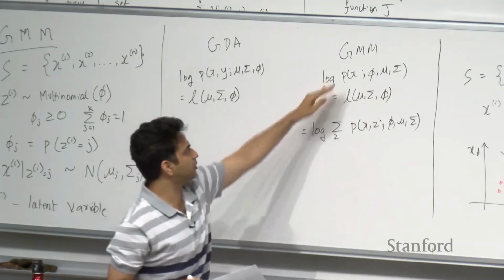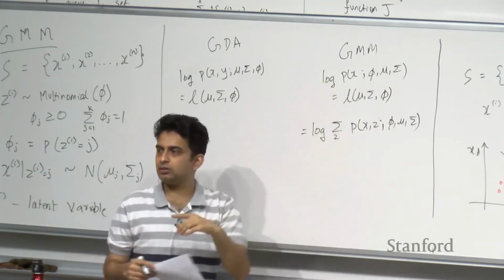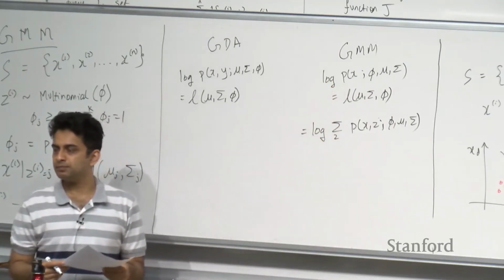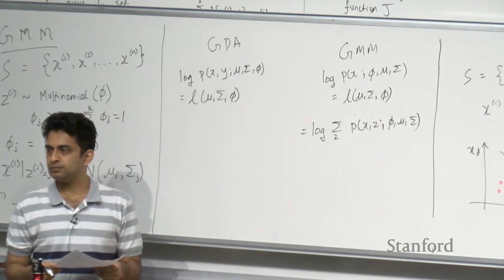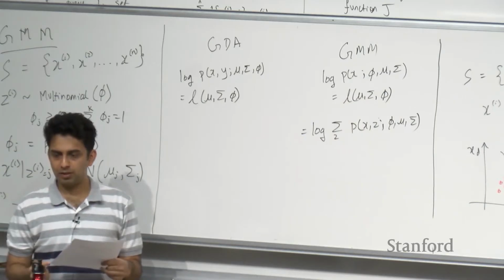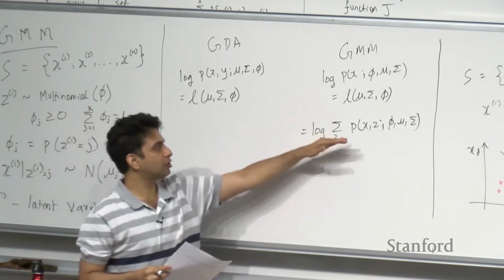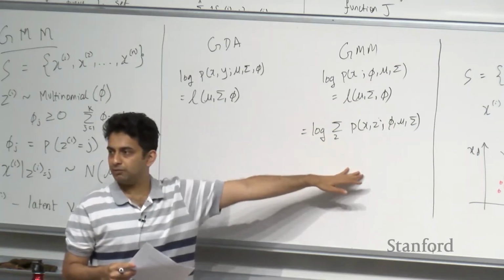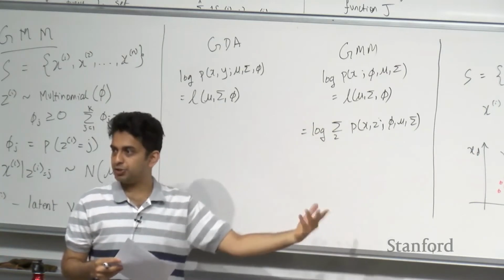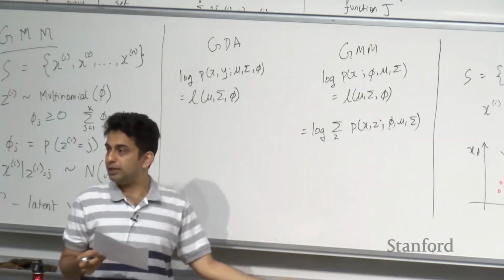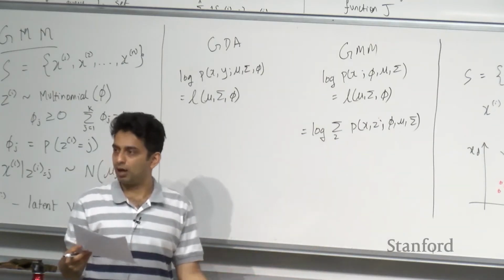Any questions on how we went from this to this? Yes, question? I'm just not clear why we have factors like z in our actual generative model. Shouldn't z also contribute to the likelihood? So the question is, shouldn't z also contribute to our likelihood objective? And the answer is, if we had observed z, then yes, it should have, but we don't know what z is, so it cannot.